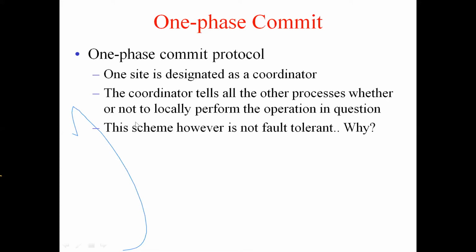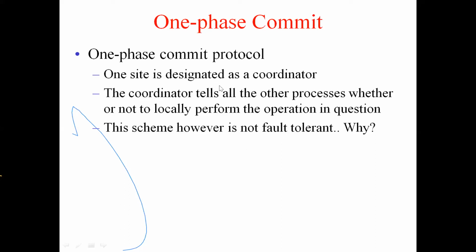This first one-phase protocol will work if there is no failure, and you can decide that this transaction should take that much time to execute. After that the coordinator says everybody commit or everybody roll back. But actual practical systems will have failures, so you cannot assume that all sites will have completed their operations. That is why this scheme is not fault tolerant.